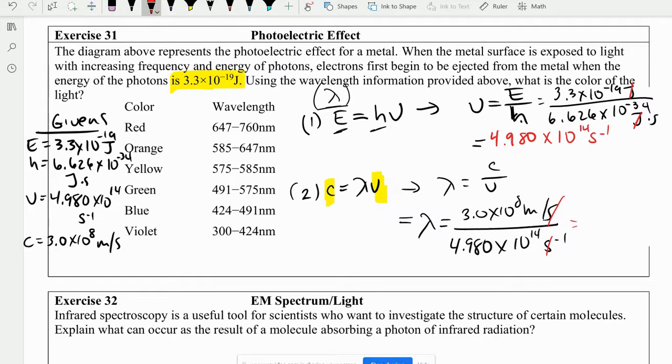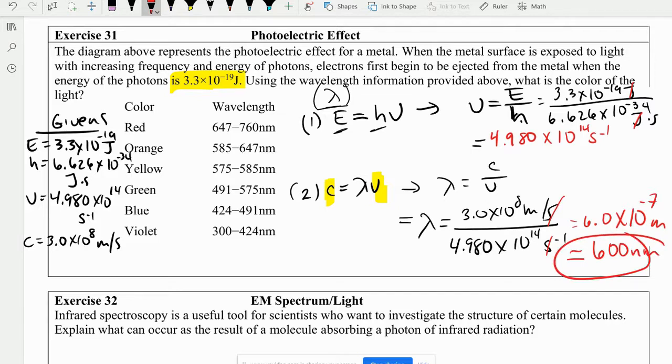I'm left in meters, which is exactly what wavelength can be measured in. Oftentimes it's nanometers, but in this case, that could be an easy conversion if need be. And so I got my answer on my calculator, 6.0 times 10 to the minus 7 meters. And if we converted that to nanometers, it would be about 600 nanometers.